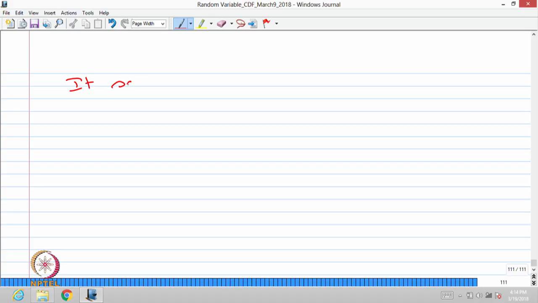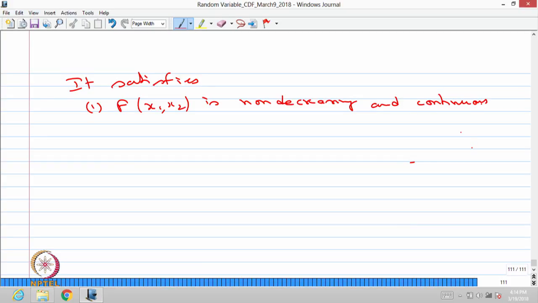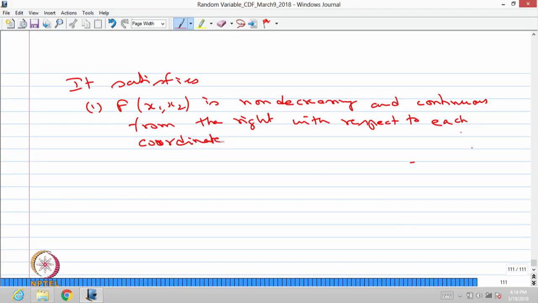It satisfies the first condition: the capital F of x1 comma x2 is non-decreasing and continuous from the right, that means it is right continuous, with respect to each coordinate, that is x1 and x2.